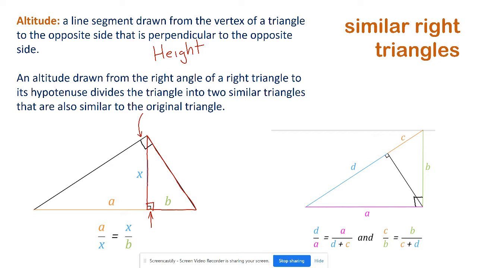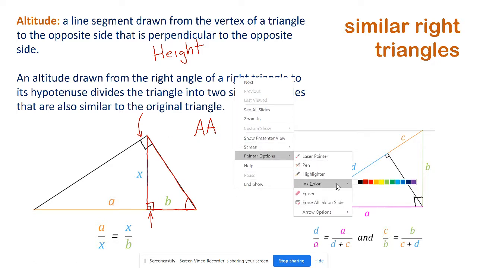We also have this angle in the lower right-hand corner, which happens to be a part of the little triangle and the big triangle that we started with. So that gives us two pairs of congruent angles, the right angle and then this angle that both triangles share. So by angle-angle, the little triangle on the right side is similar to the entire triangle.